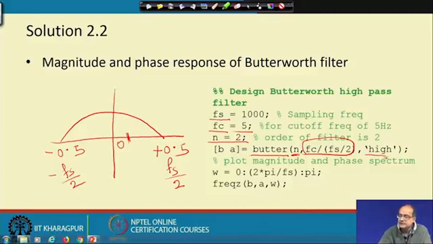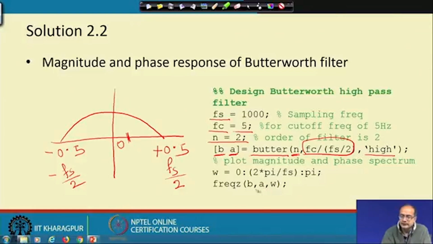The third variable suggests that we need a high pass filter, and by issuing this command we get the corresponding numerator and the denominator polynomial. The numerator polynomial will be stored in the variable b as a vector, and the vector a will store the denominator polynomial. Okay.